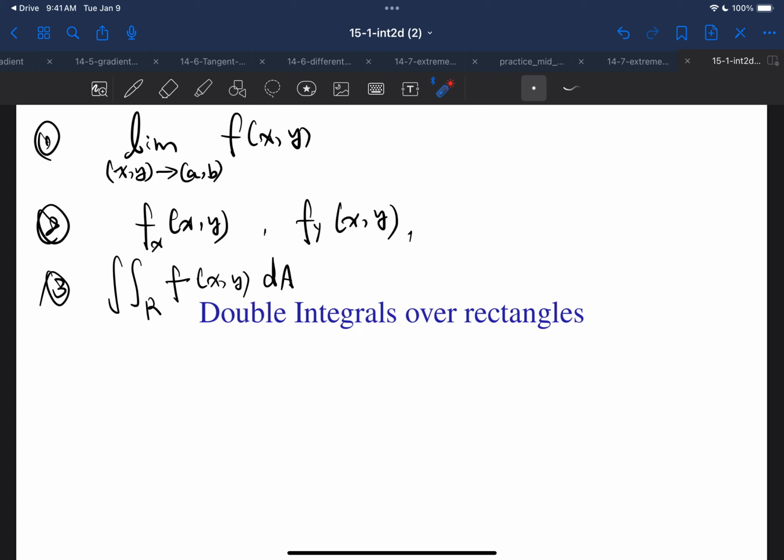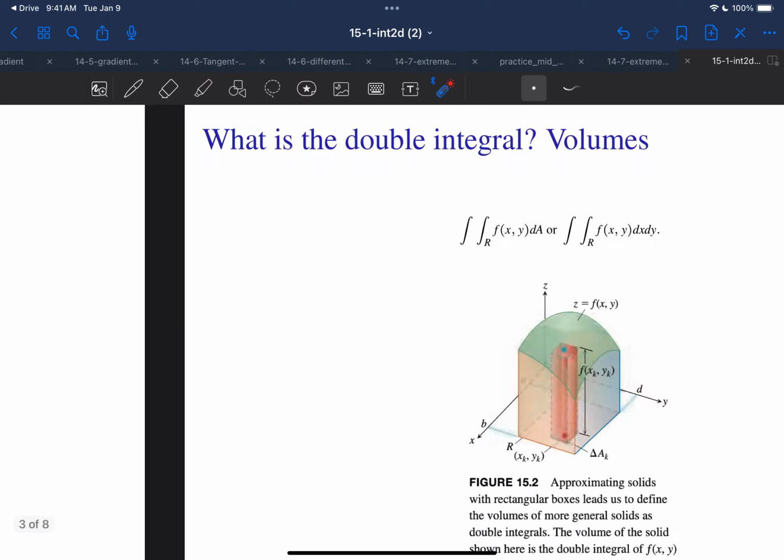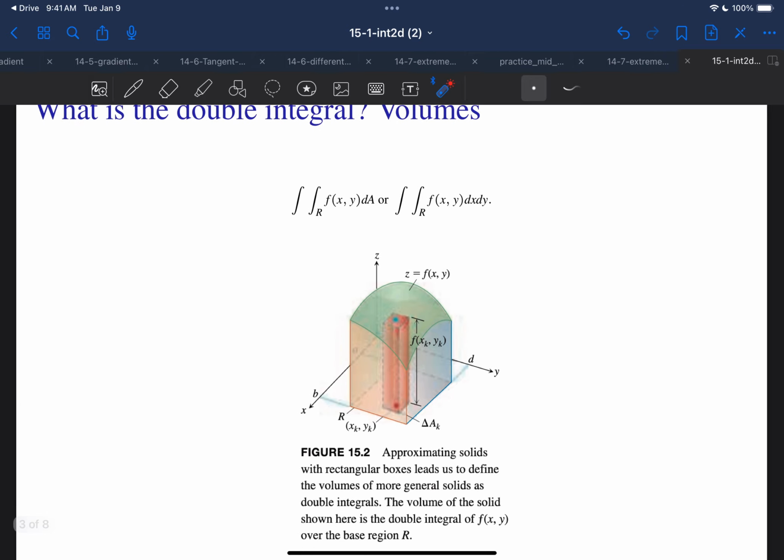And the easiest way to start is a rectangular domain. This part is from section 15.1, and we're going to use Fubini's theorem to find double integrals over a rectangular domain.